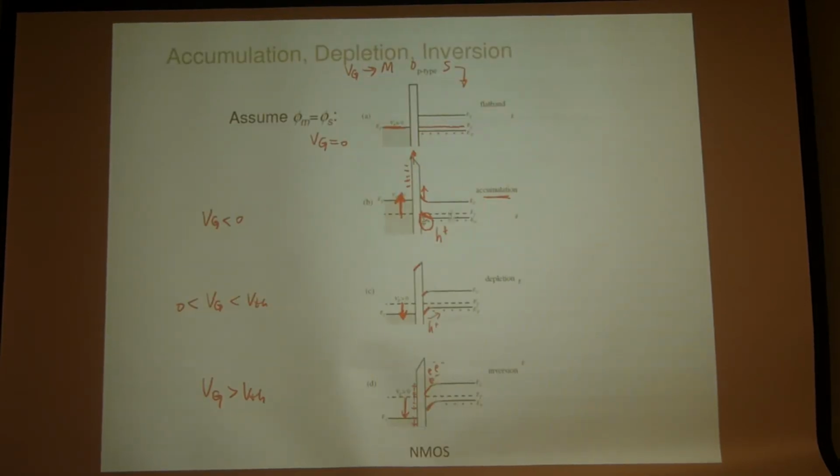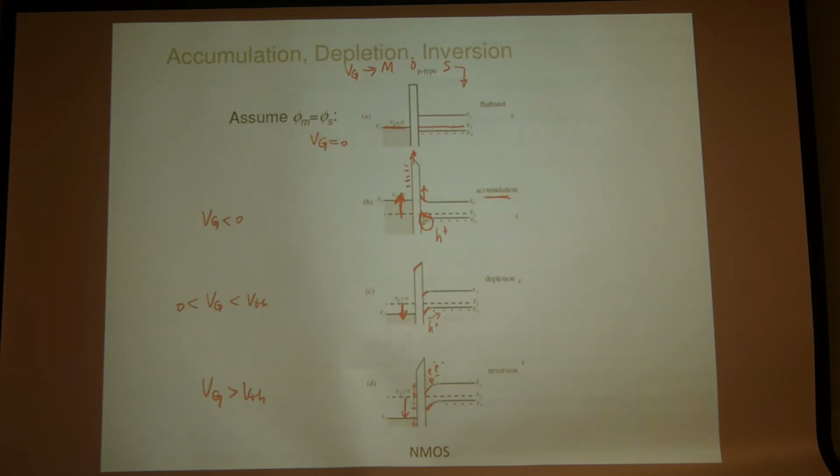And then we have the 4 scenarios here for the MOS band structure. Initially, it's a flat band condition, where we assume the metal Fermi level is the same as the silicon Fermi level.